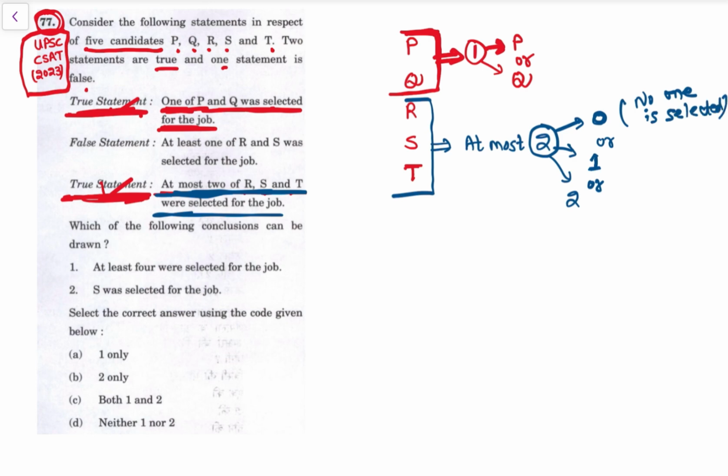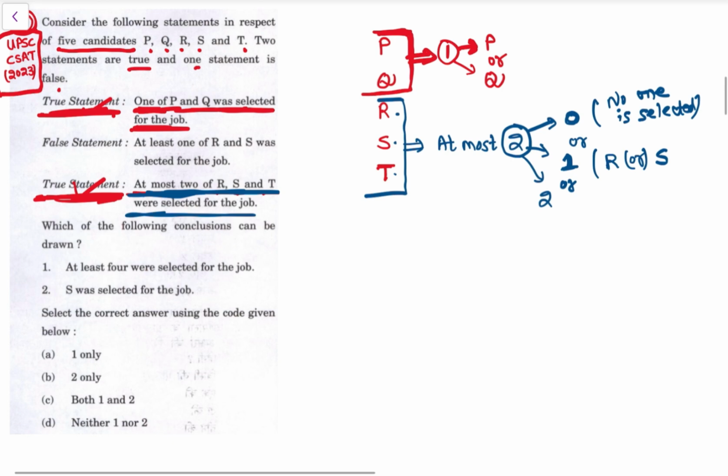So, at most 2 includes no one being selected. Then 1 means that among R, S and T, one is selected. So, R can be selected, or S can be selected, or T can be selected.